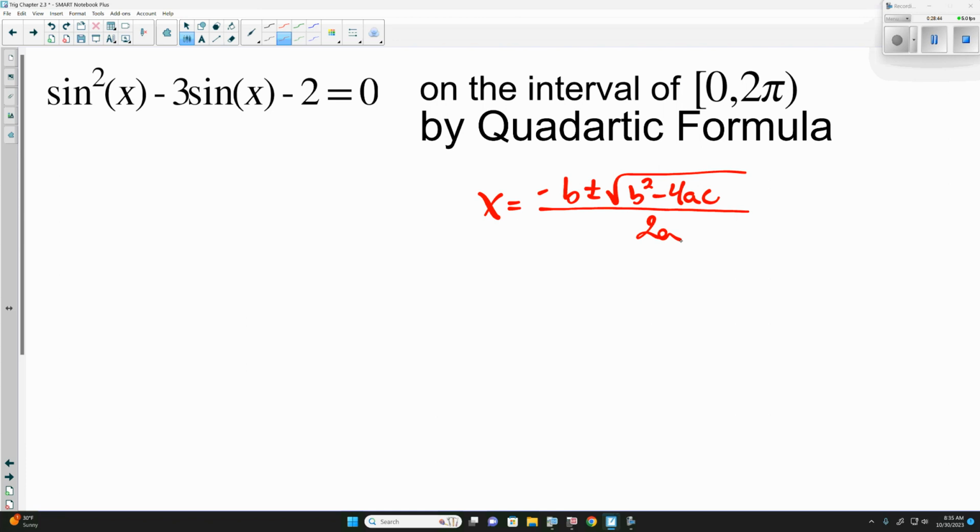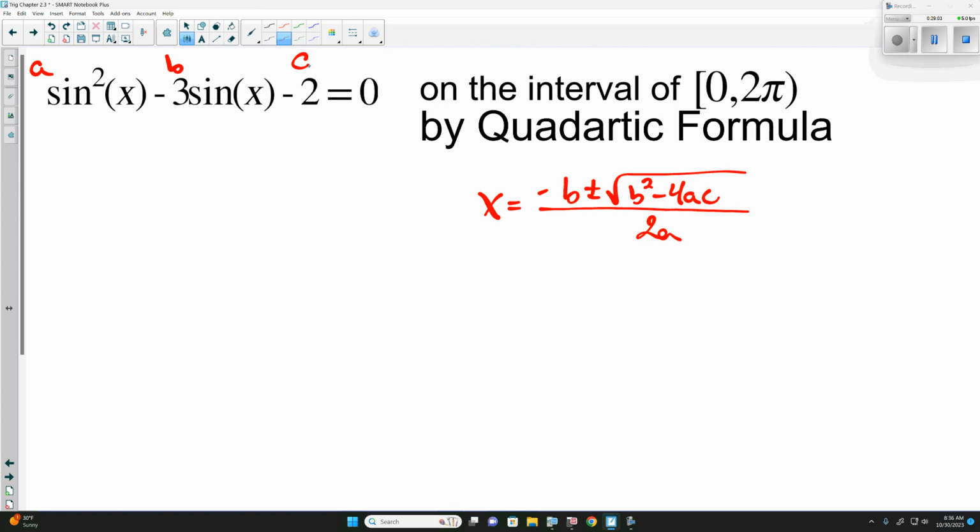Negative b plus or minus the square root of b squared minus 4ac, all over 2a. Because again, for the most part, this equation here, sine squared of x minus 3 sine of x minus 2 equals 0, is a quadratic.